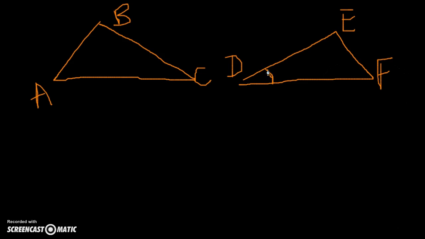Maybe you'll see something like this. You also might see markings for an angle, where you do a curve and then lines. In this case, you would see that this angle and this angle match because they have one line each, and B and E match because they both have two lines.